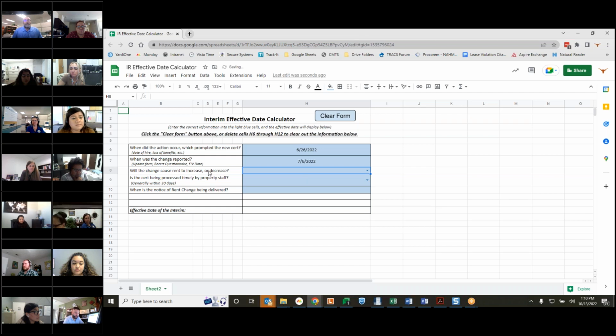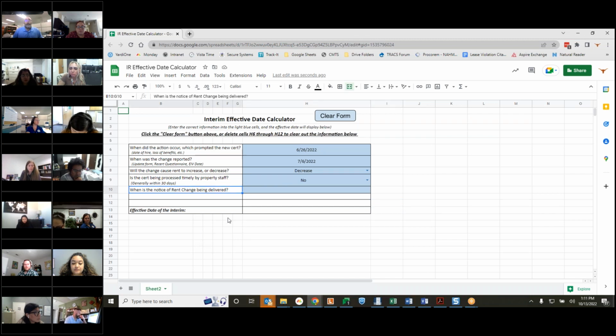Will the change cause the rent to increase or decrease? Decrease. And is the cert being processed timely by property staff? No. When's the notice of rent change being delivered?